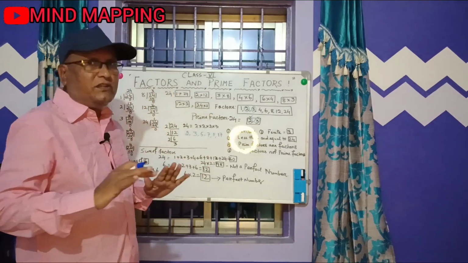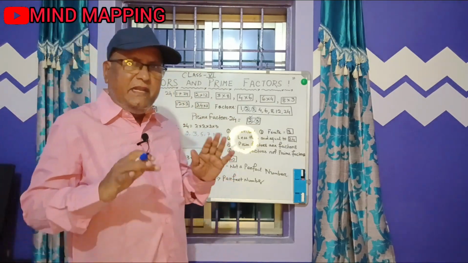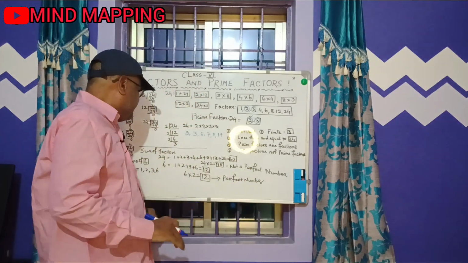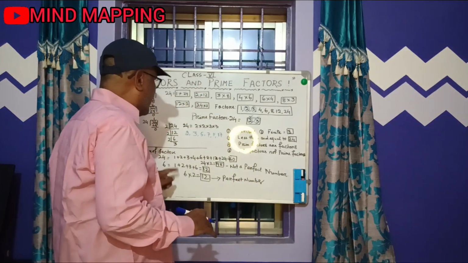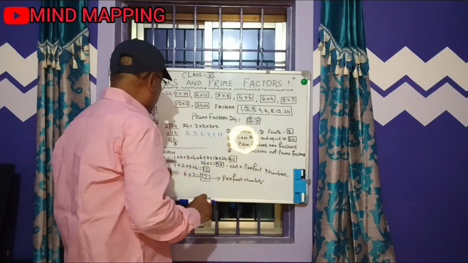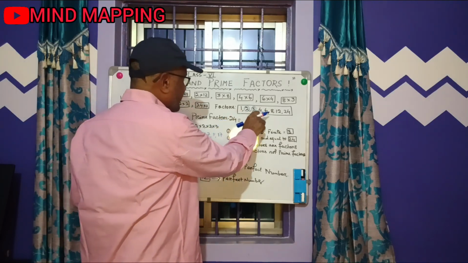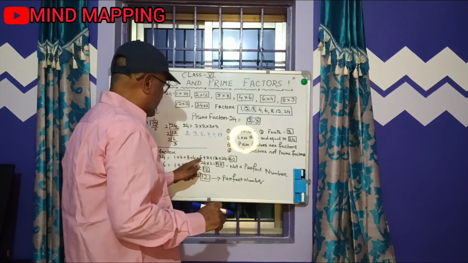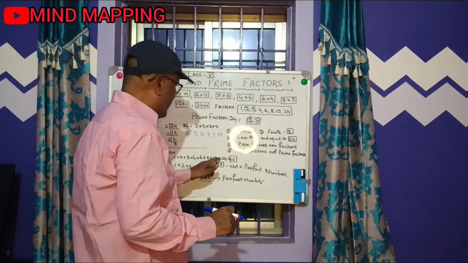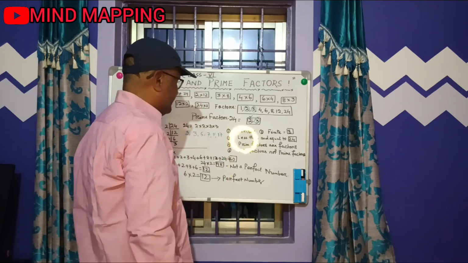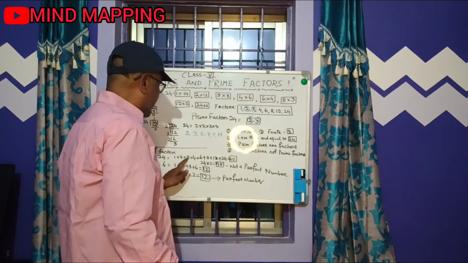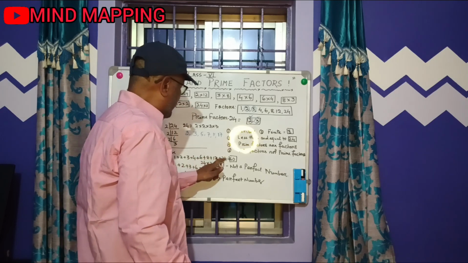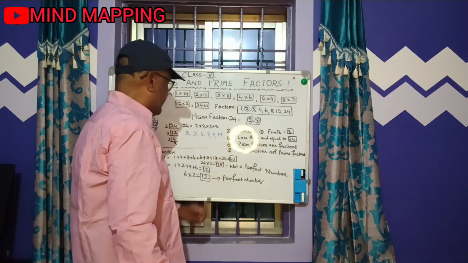Then come to another concept, and this concept is very important. Please remember. Now find the sum of the factors of 24. Here are the factors: 1 plus 2 plus 3 plus 4 plus 6 plus 8 plus 12 plus 24 equals 60.